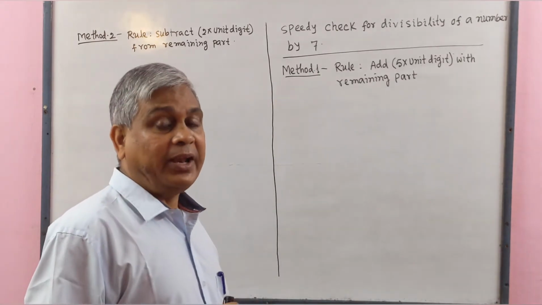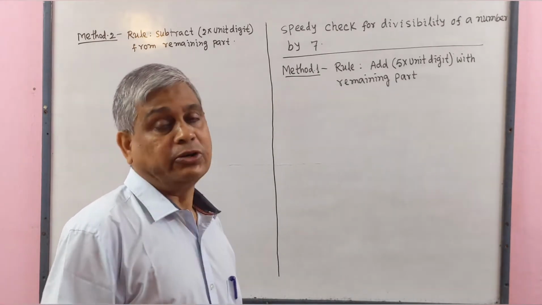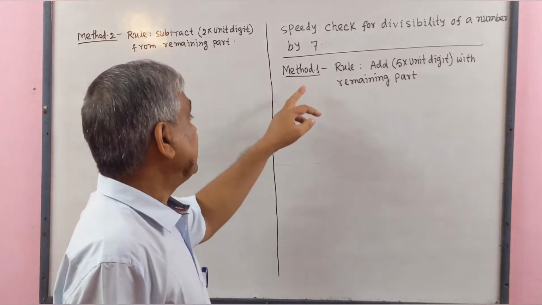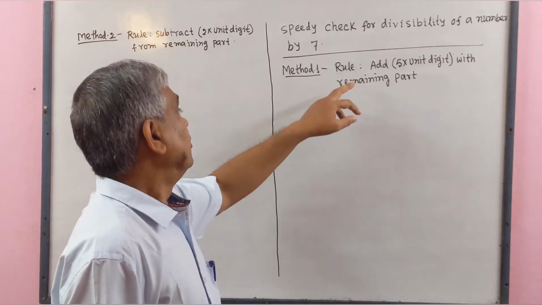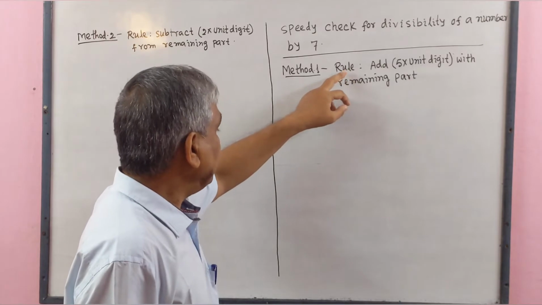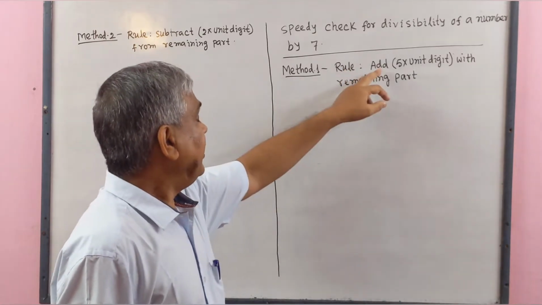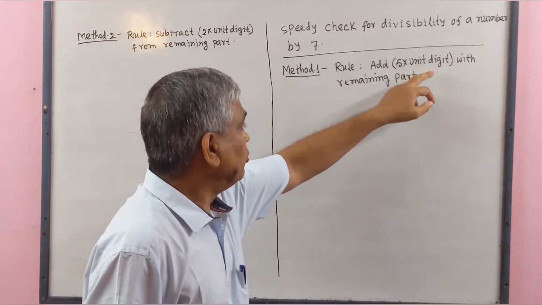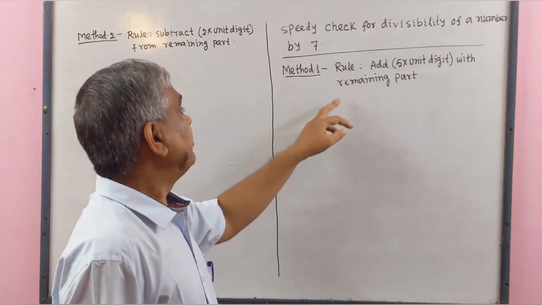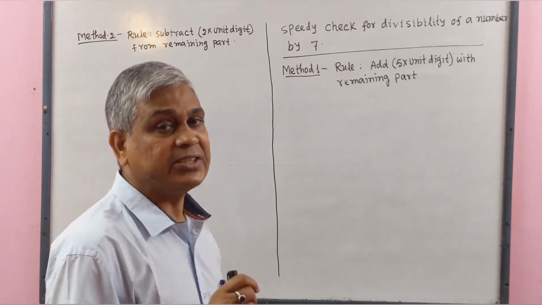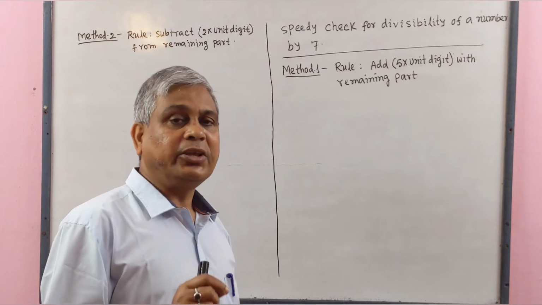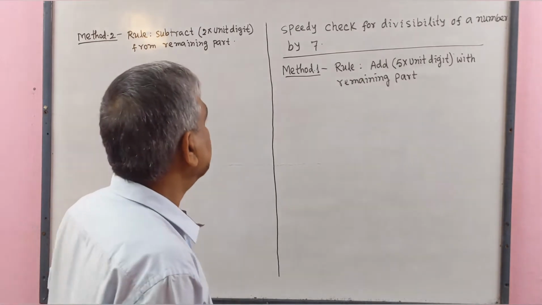We will explain two methods. Method 1, in which the rule is: multiply the unit digit by 5 and add it to the remaining part. This is the rule. Now we check it.